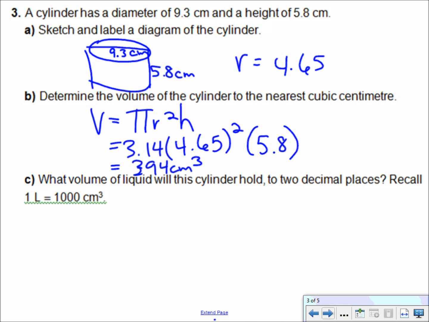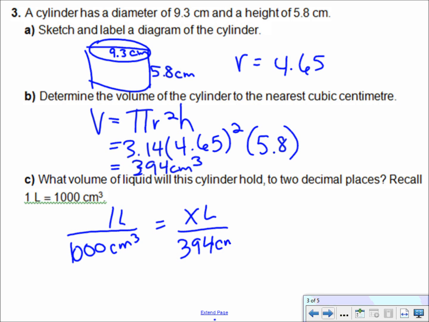Okay, what volume of liquid will this cylinder hold to 2 decimal places? Recall that 1 liter is equal to 1,000 centimeters cubed. So I want to know how many liters. I'm going to set this up: 1 liter over 1,000 centimeters cubed is equal to X liters over 394 centimeters cubed.